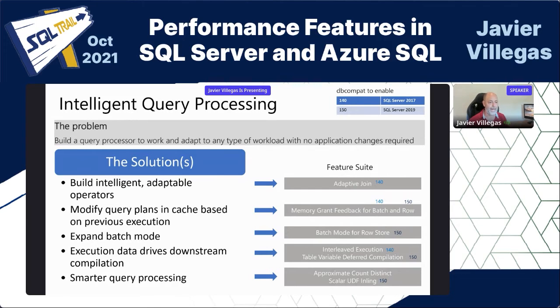So with that, all these features for intelligent query processing are enabled and we can take advantage of them. Then eventually we can disable some of them if we detect that there is some regression or problem. But by default, just changing the compatibility level, we can use all these features.